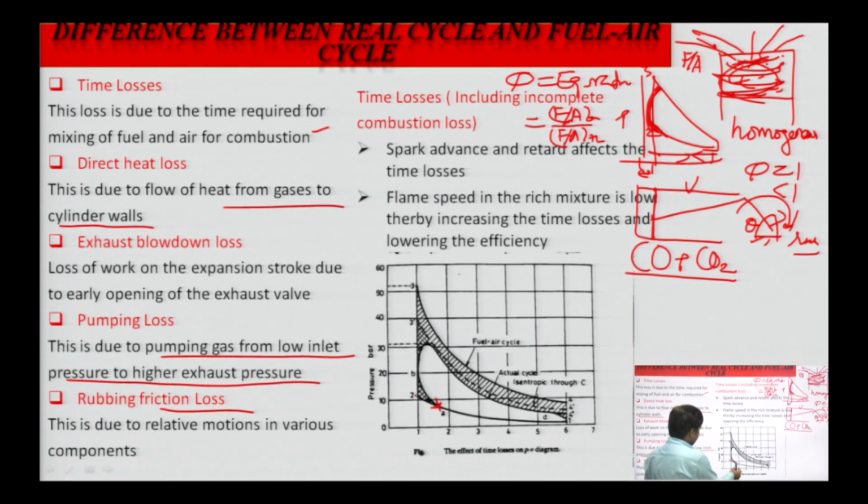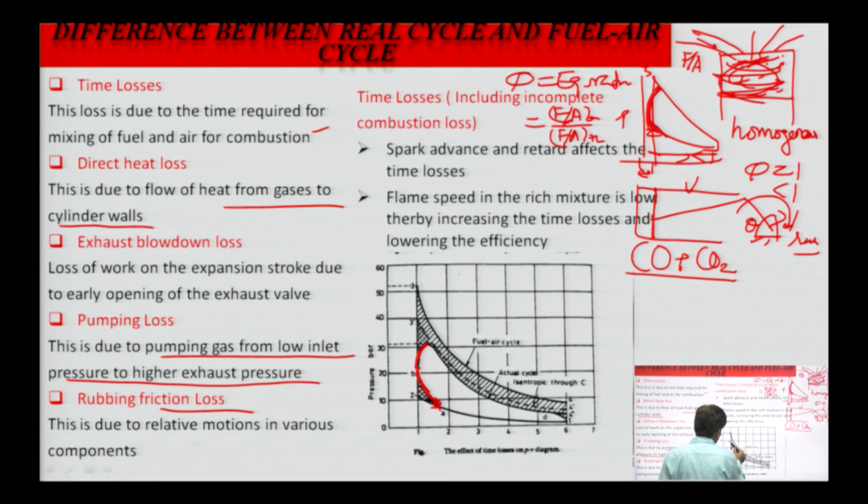Suppose here you can see that ideally we create the spark here, but in actual conditions the spark is created here. Why do we create the spark here? Because the flame takes some time to travel through the combustion chamber, so it needs some time for combustion. So, we create the spark here, not at the top dead center. Because of the spark, the pressure rises like this, and because of the continuous movement of the crank, the heat addition process will be like this.